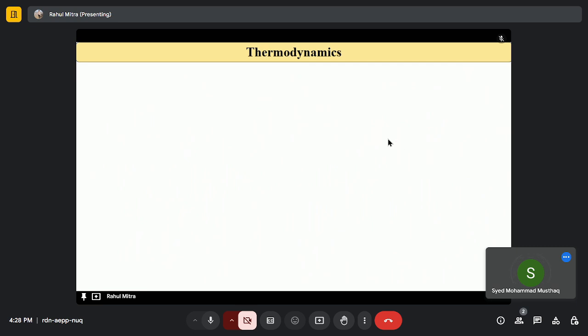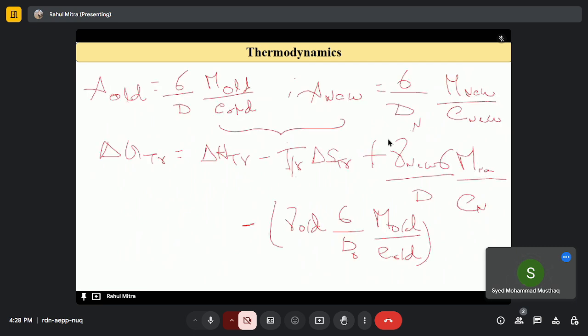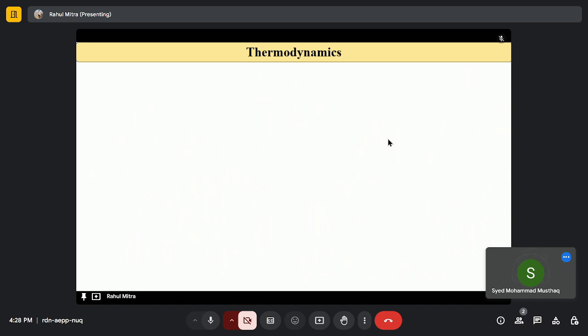Then we can get the relation between the density and the diameter, and we're just assuming the conservation of mass. In conservation of mass, we assume the mass will remain the same before and after the transformation. So let's write it as m.